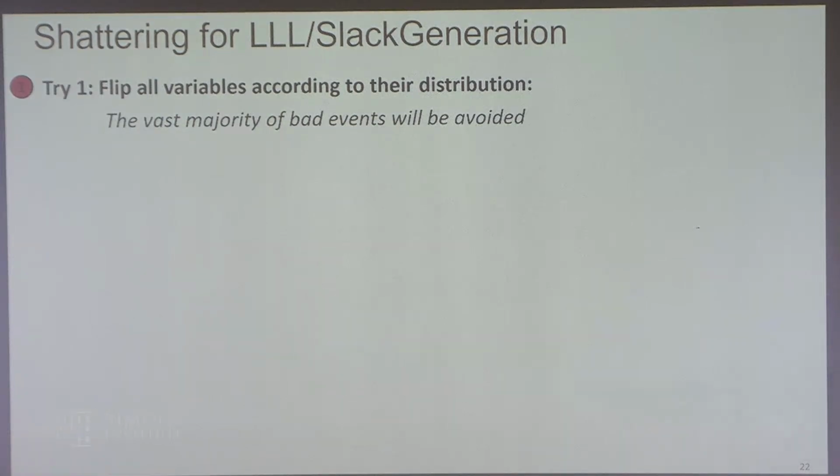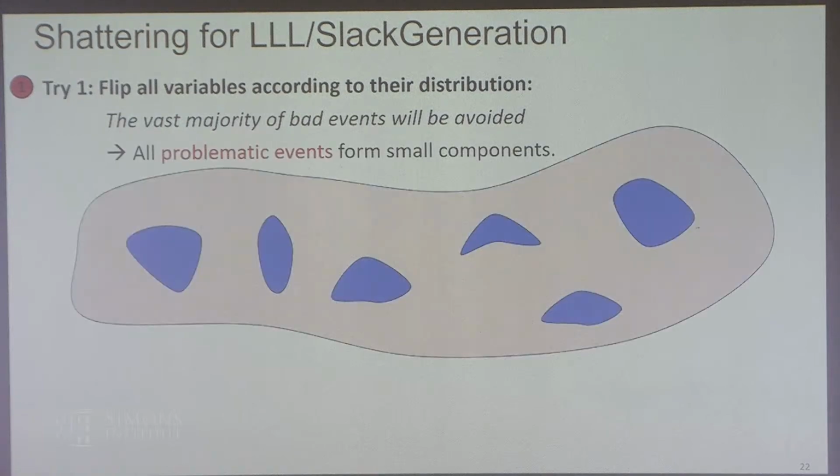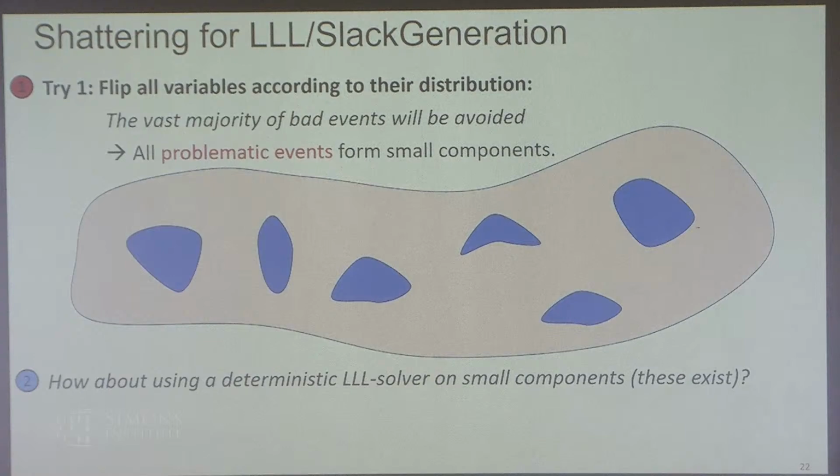Because of the good local failure probabilities, most of the bad events will be avoided. What one can show easily here is that all the problematic events form small connected components. So how about just using a deterministic LLL solver? We can take these off the shelf, they exist, to finish off these small components.